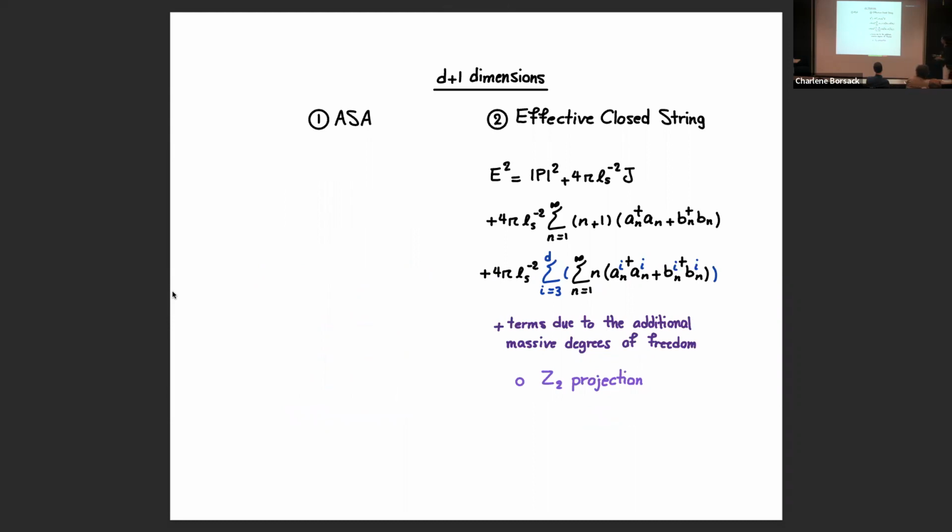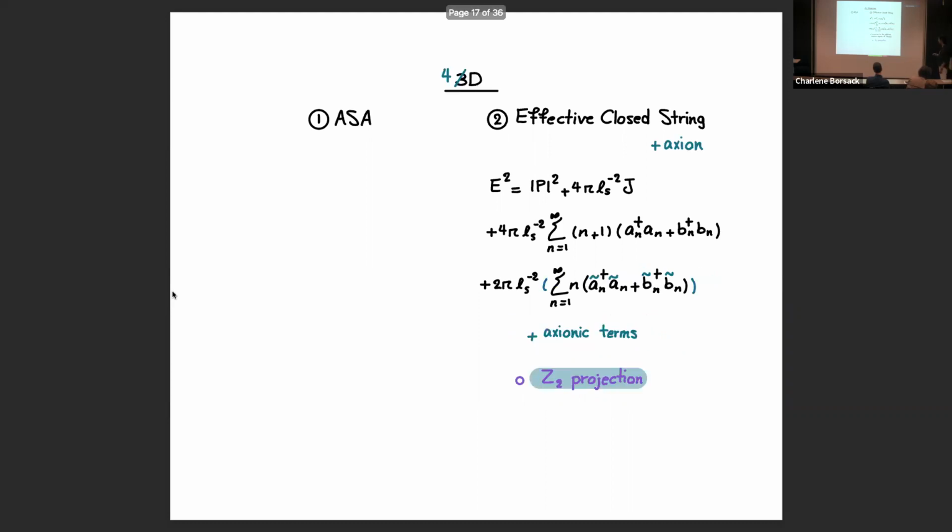In higher dimensions, I am going to focus on the effective closed string because at each dimension, the modifications to the tensor square structure in ASA get complicated, and we will also have these additional massive degrees of freedom. But in the effective closed string, we will again have terms due to possible additional degrees of freedom. Other than that, we will have new towers of oscillators, this time with frequencies n starting from 1, and we will need the Z2 projection.